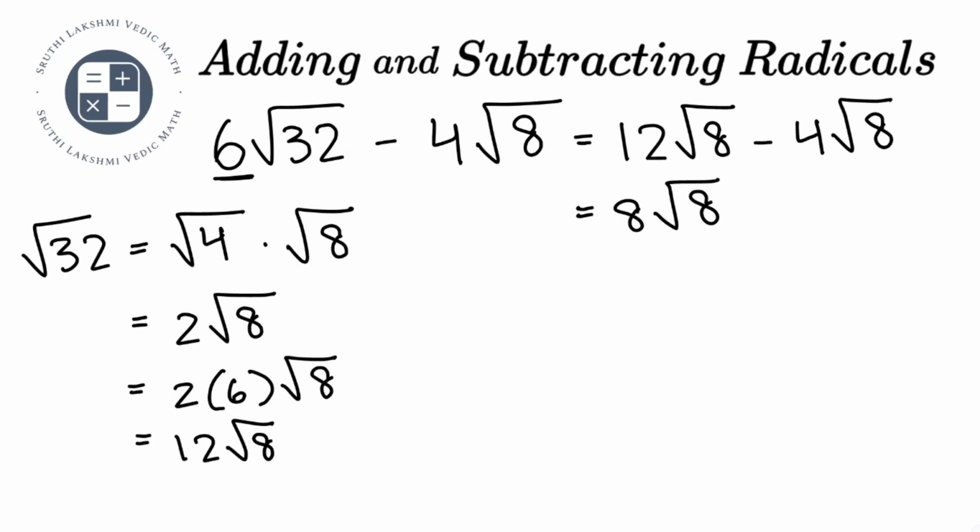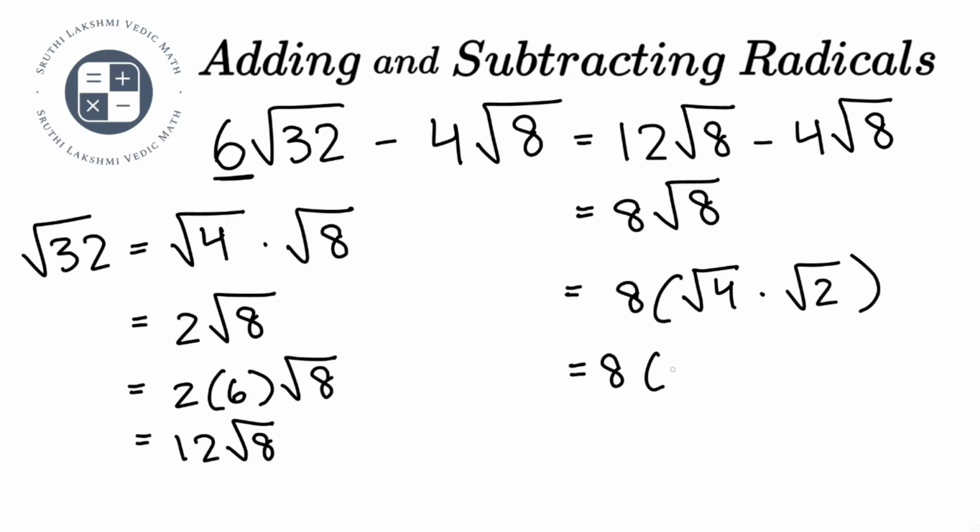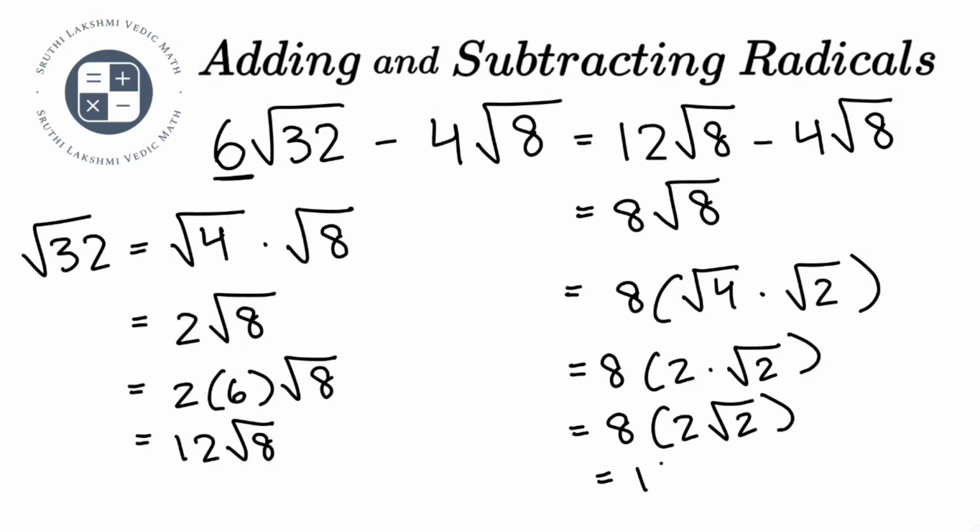Now root 8 can be simplified into root 4 times root 2. So root 4 equals 2. So 2 times root 2. So this equals 8 times 2 root 2, which equals 16 root 2. And this is our simplified answer.